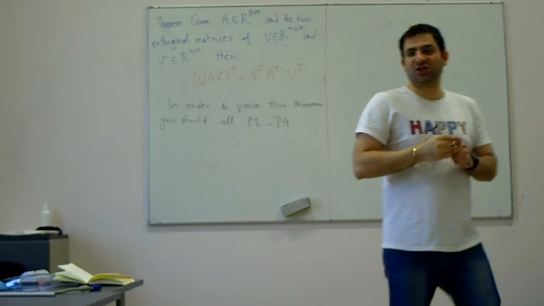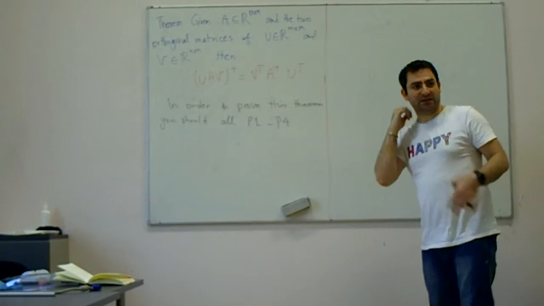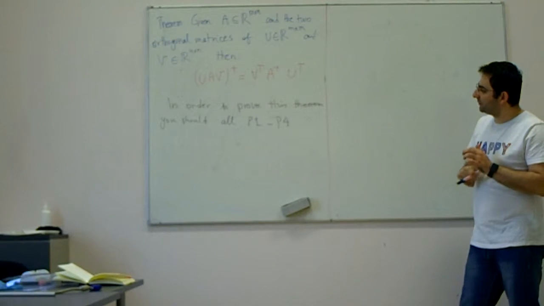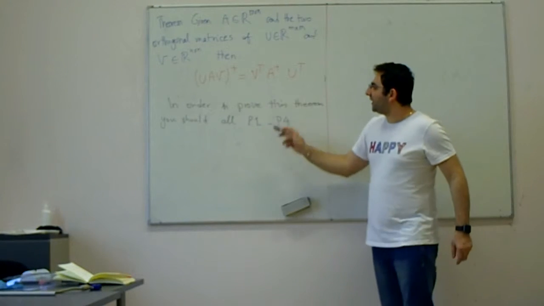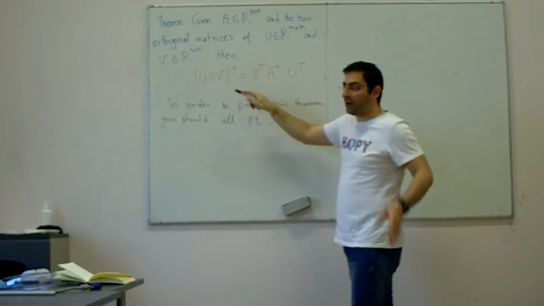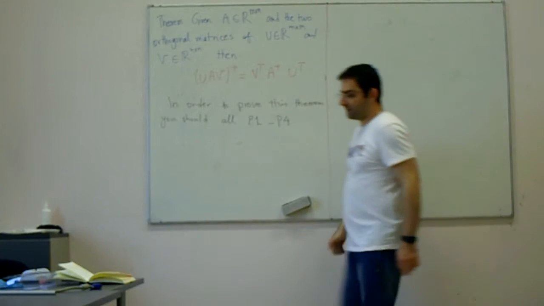You know, AGA is equal to A, GAG is equal to G, then AG is symmetric and GA is also symmetric. You have to check that if this whole term is A and this whole term is G, then those properties are satisfied.